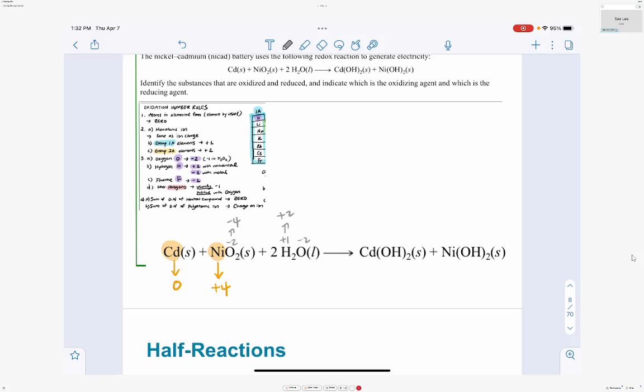Positive 2 from hydrogen, negative 2 from oxygen perfectly cancels out, giving a sum of oxidation numbers of 0 for a water molecule. So I'm going to write that oxidation number down. Professor, if we're given the coefficient, do we just ignore it? Yeah. Okay, thank you.